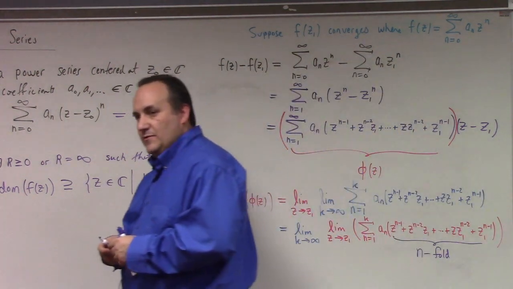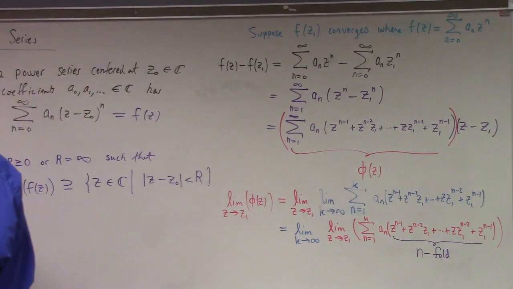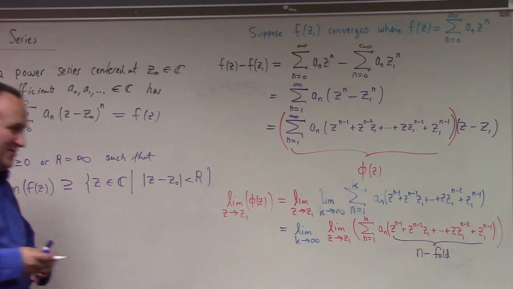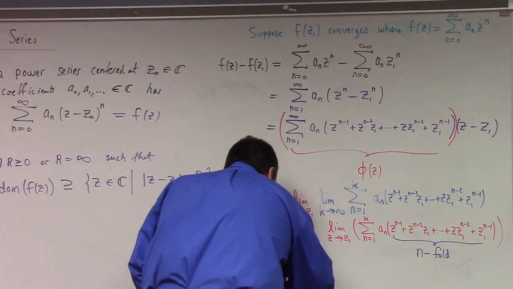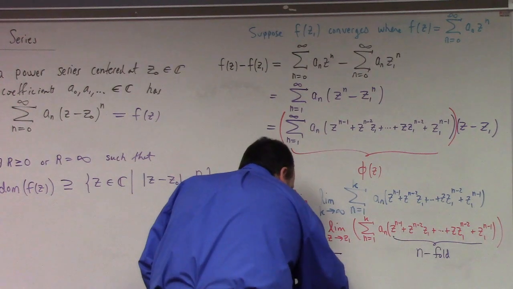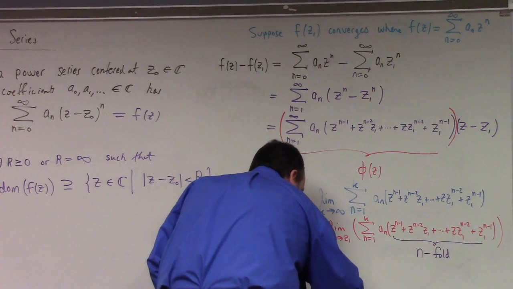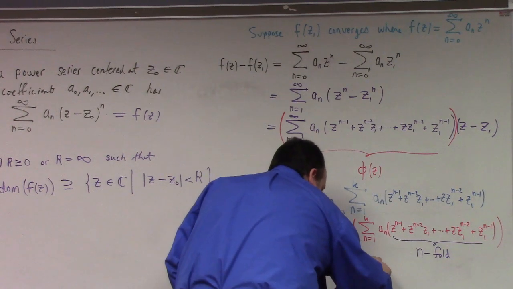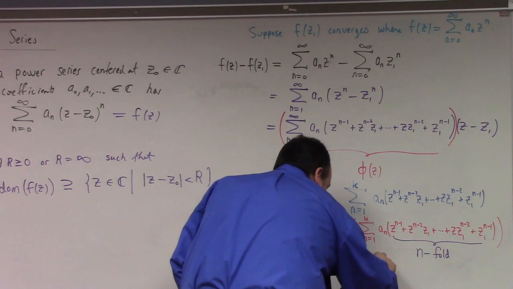And every last one of those in the limit z goes to z1 becomes z1 to the power n minus 1. So what you're looking at is the limit as k goes to infinity of the sum n equals 1 to k of a sub n times n z1 to the power n minus 1.